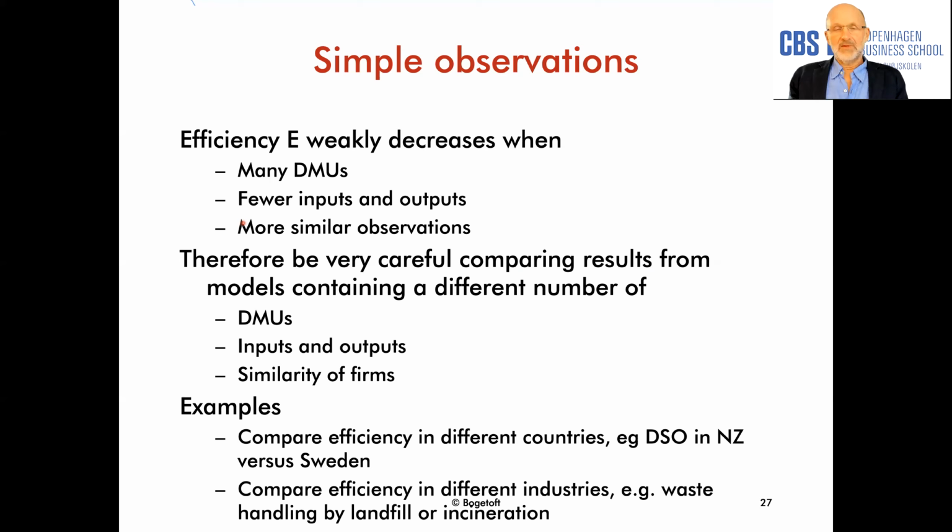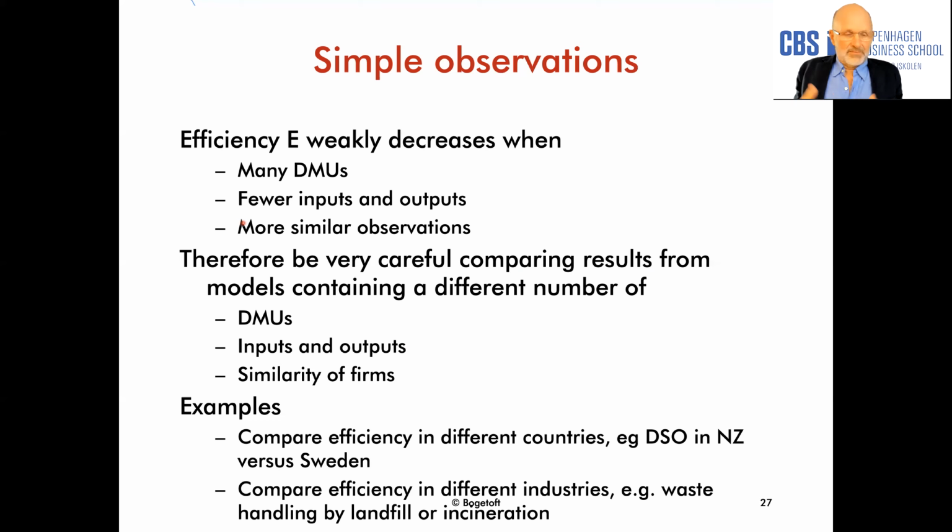One of the first times that this was discussed in the literature was actually a comparison of the efficiency of distribution companies, and I think it was in New Zealand, one of them, the other one was at least Sweden. What the problem there was that you found a certain level of efficiency in New Zealand, and quite a different level of efficiency in Sweden.